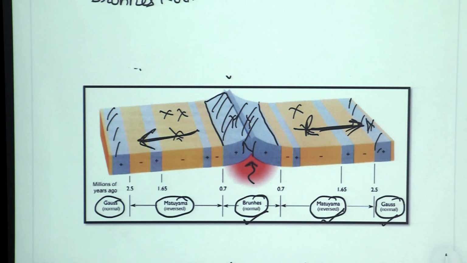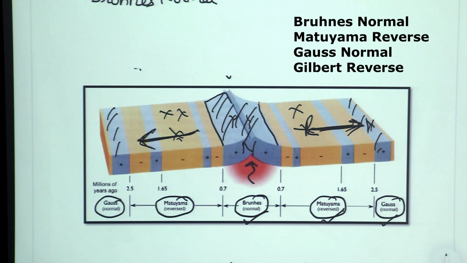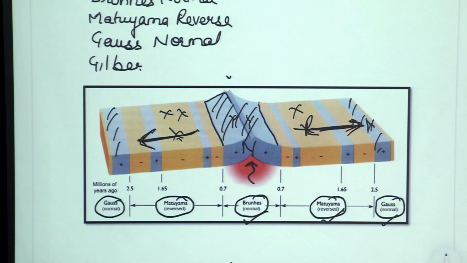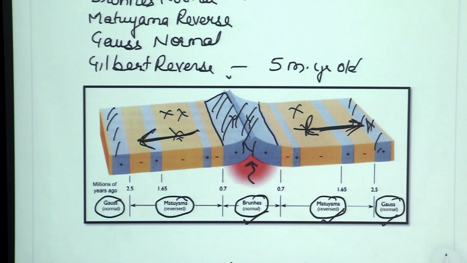Brunhes normal, Matuyama reverse, Gauss normal, and Gilbert reverse. 5 million years old, present.